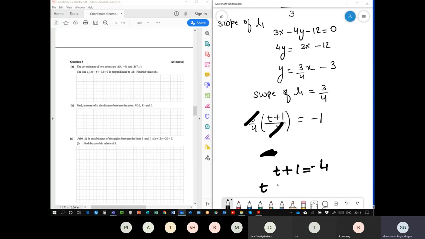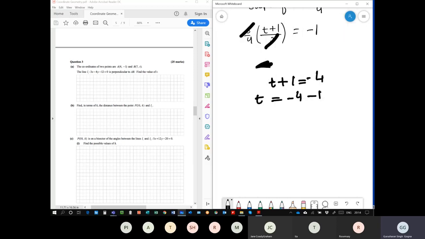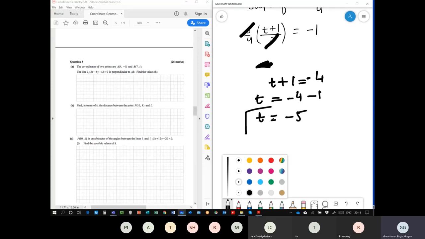So t equals minus 4 minus 1. So t equals minus 5. That's the answer for this. Let me see if you have any question.